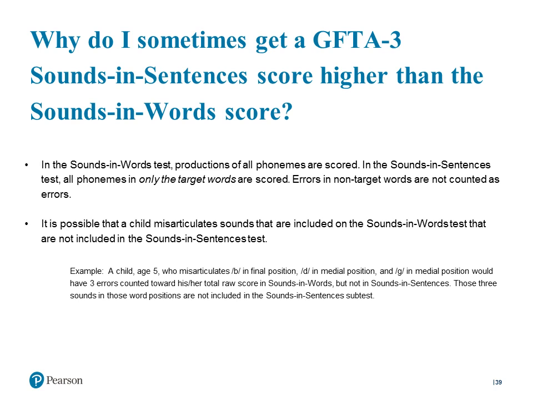It's because of two different things. One is that in sounds and words, as we've said, all phonemes are scored. So every opportunity that the child has to miss a target sound is accounted for. In comparison, sounds and sentences is a longer, more difficult task. It's hard to score every single consonant production.